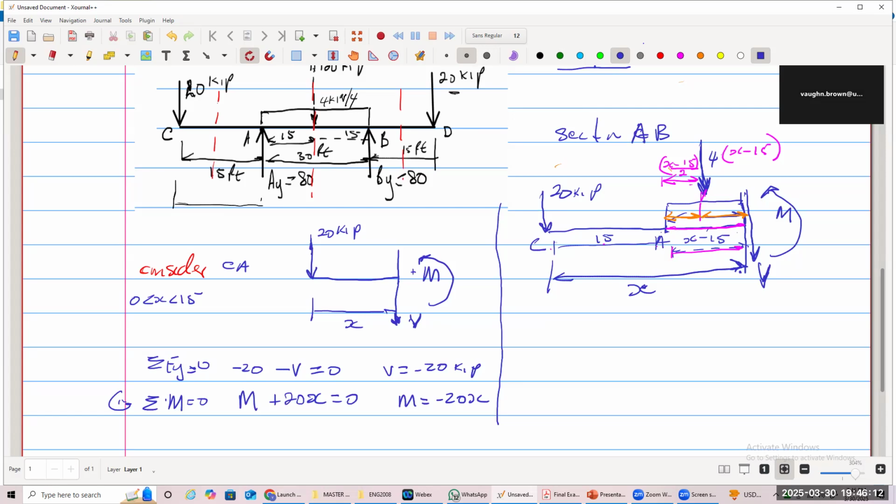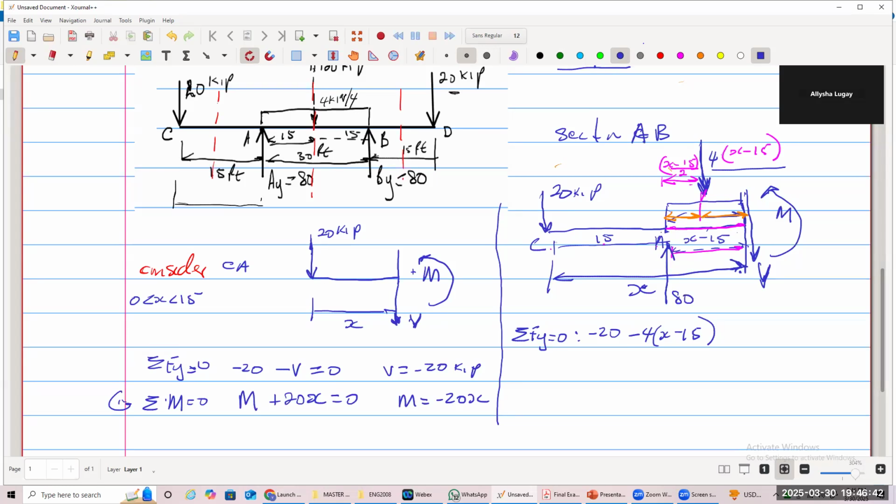Let's go ahead and write our equation for this section. Let's write the shear force first. Your shear force is equal to minus 20, and this other one coming down is going to be minus 4 times x minus 15. Oh, we missed something here. We missed one going up right here, the 80.